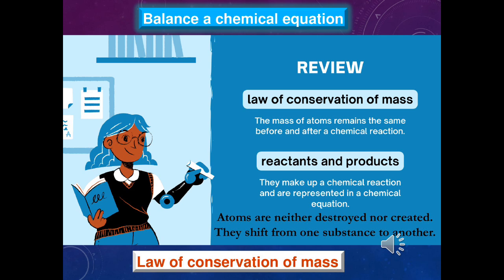The mass of atoms remains the same before and after a chemical reaction. Reactants and products make up a chemical reaction and are represented in a chemical equation. Atoms are neither destroyed nor created, they shift from one substance to another. This is what is called the law of conservation of mass.